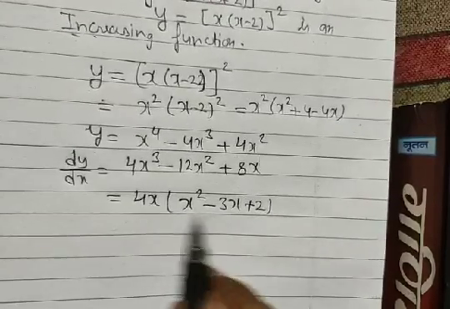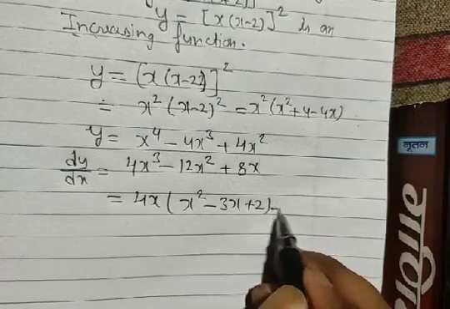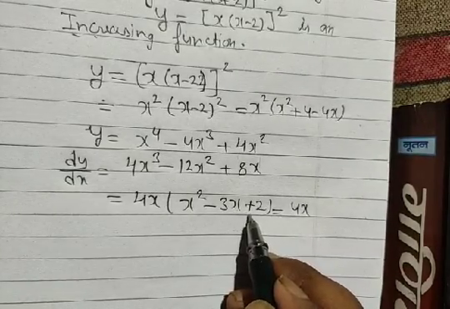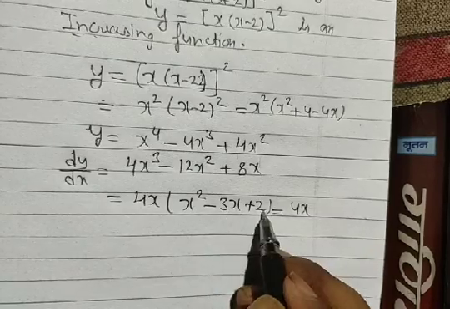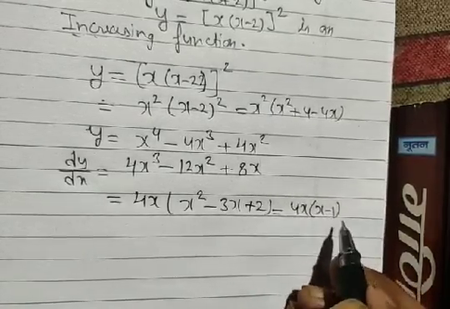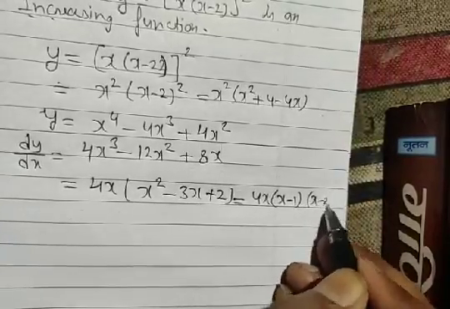Now we factorize this: the factors of 2 that add to minus 3 are minus 1 and minus 2. So we get 4x, (x minus 1) and (x minus 2).